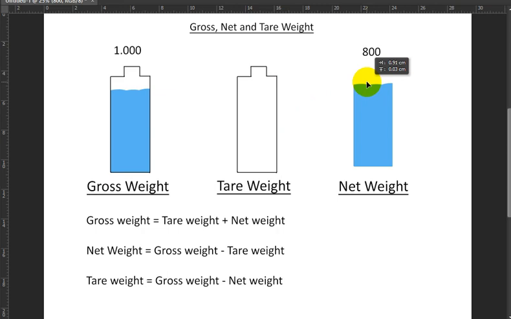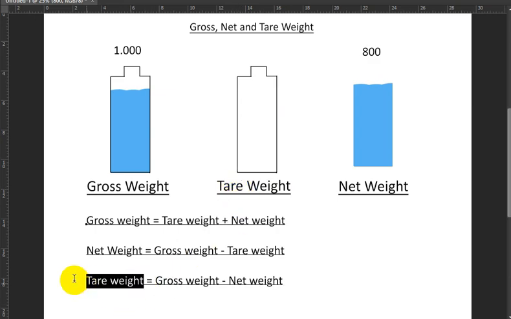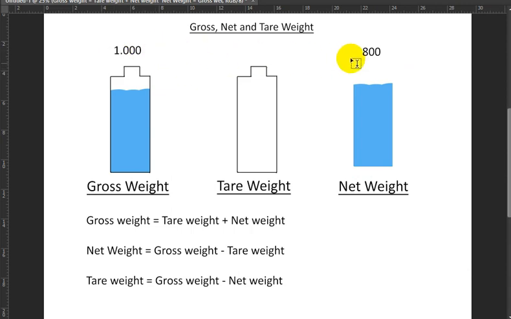Well, you would be looking for the tare weight. So you would have to go here and say, oh, the tare weight is equal to the difference between the gross weight and the net weight. So you'd have to subtract these two. Say 1,000 minus 800. Find the difference. So it would be 200.